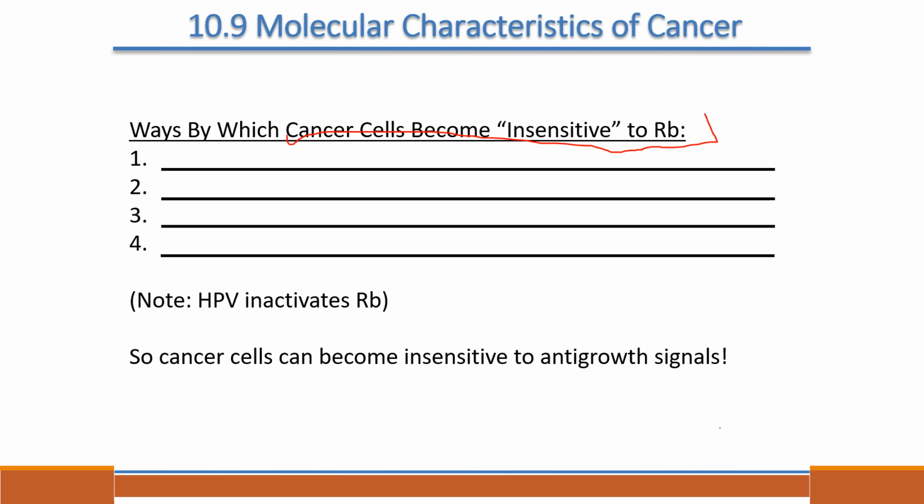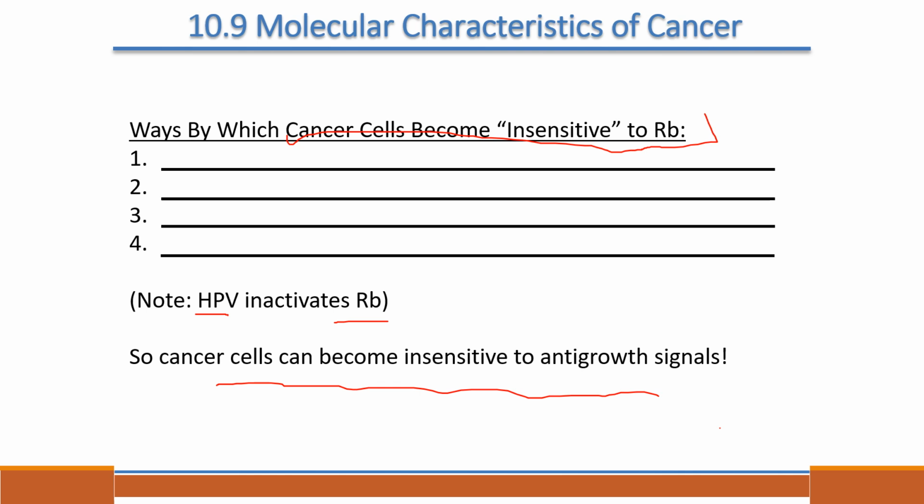Please think about four. Just to remind you, the human papillomavirus inactivates RB. Cancers can become insensitive to anti-growth signals, and there are many ways in which a cell can become insensitive. So think about four. You can stop the video, and I'm going to give you an answer in a few seconds.